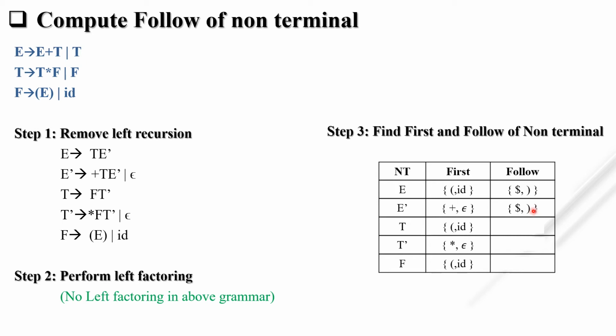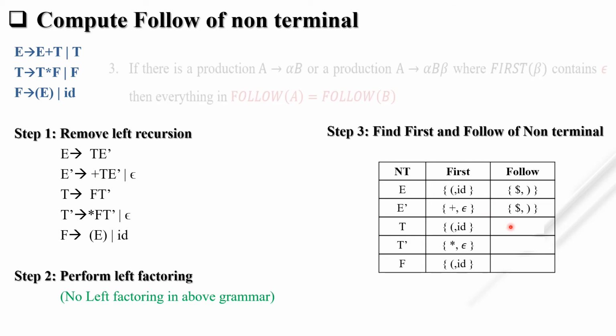Okay, now we have to find the follow of capital T. Where is T here? T's follow position is a non-terminal. If there is a terminal like T followed by small a, then we directly put small a here, but T's follow is a non-terminal, so we have to check the first of E dash. What is the first of E dash? This plus and null, but in follow there is no null, so we have to put plus here.